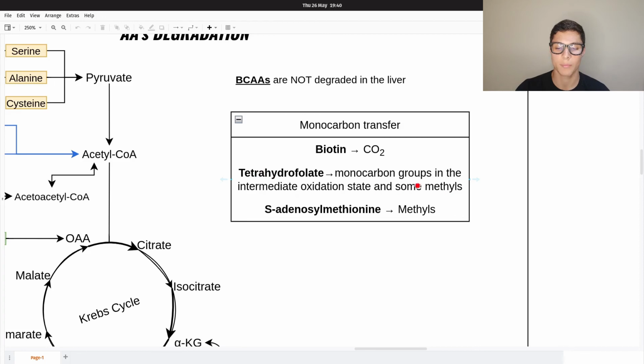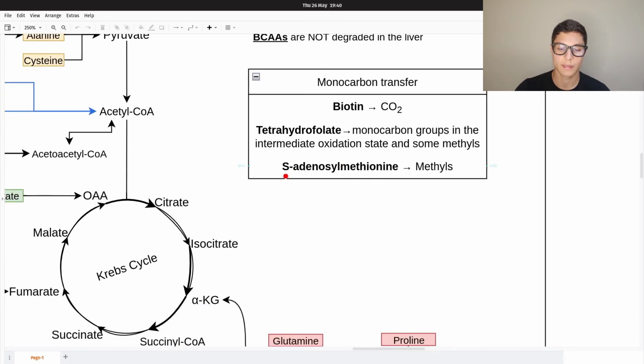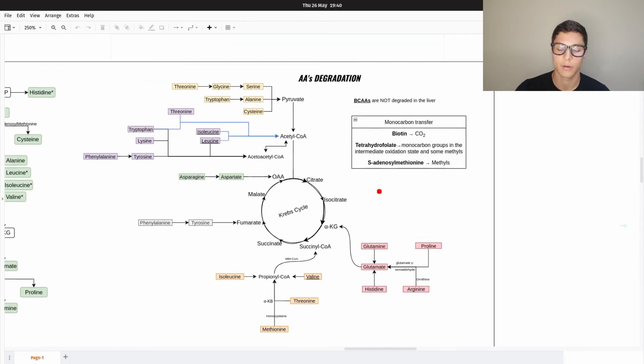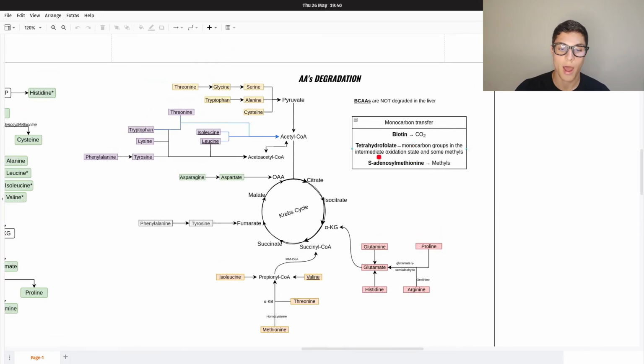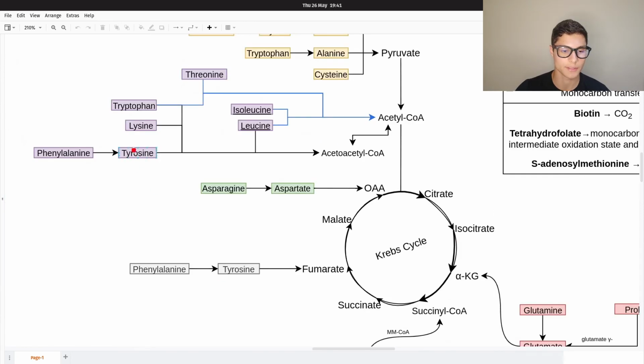So this is going to help us with some methyls and the normal carbons we have. And then the most powerful one we have as monocarbon transfer is the S-adenosylmethionine, which will transfer methyls directly. These are going to modify those structures we get from the first transamination of the amino acids.